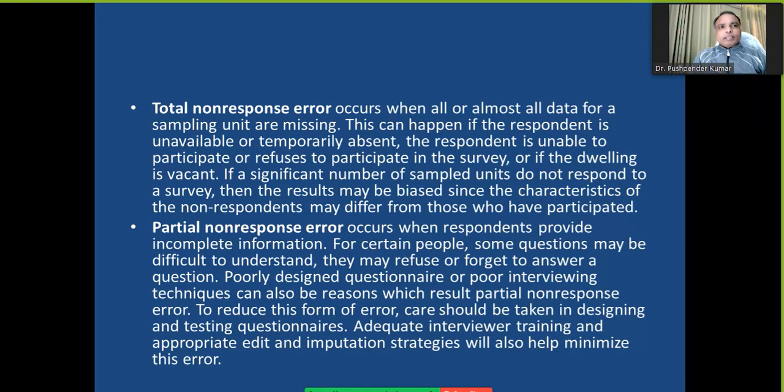But when you go to the field and conduct a pilot survey, and respondents are not able to figure out what the right answer should be, or are not able to understand the question, then they will respond that they are not able to understand it, and ask, tell me what this question is all about. So then you need to take care of that error.